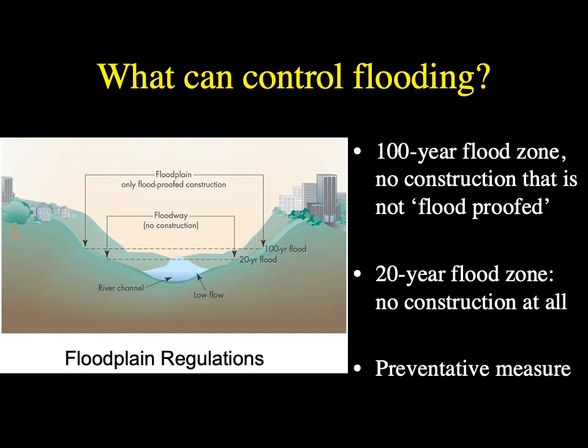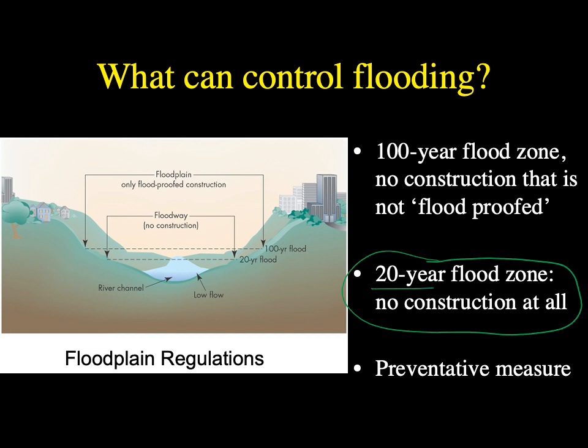So in the 20-year flood zone, the legislation says that you should have no construction at all. This is a new regulation because, as you can tell, Varsity Gym is built right up to the floodplain of Boone Creek. So obviously this is new legislation that wasn't in place when Varsity Gym was built.